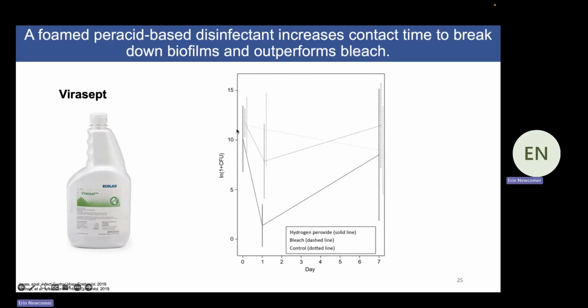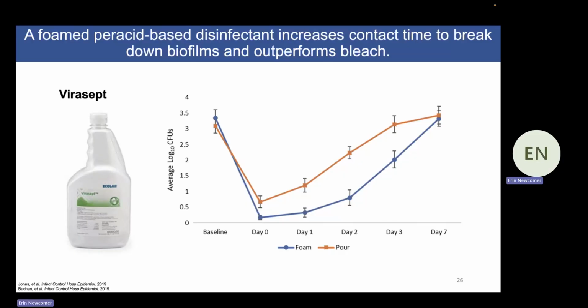The bleach is the dashed line in the middle here, which shows there was definitely a decrease in the amount of bacterial growth in the sink drain immediately after an intervention, but then increased back up to its original starting point. Meanwhile, the hydrogen peroxide, which was the solid line, seemed to more effectively reduce the burden of bacteria in this sink drain and have a slower return to the original level of growth. So we're first seeing, okay, maybe hydrogen peroxide can outperform bleach.